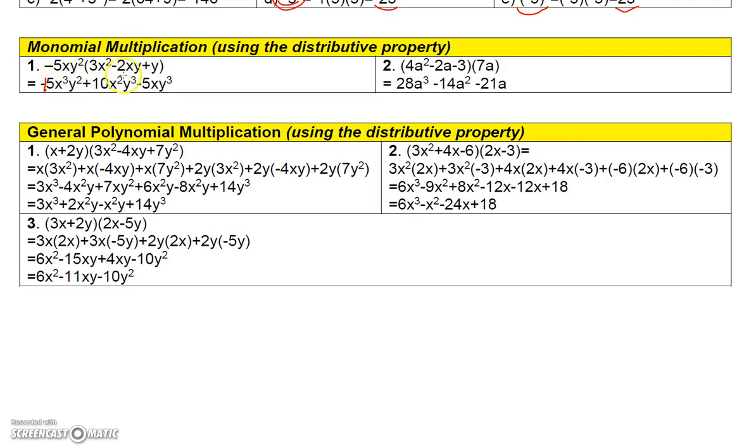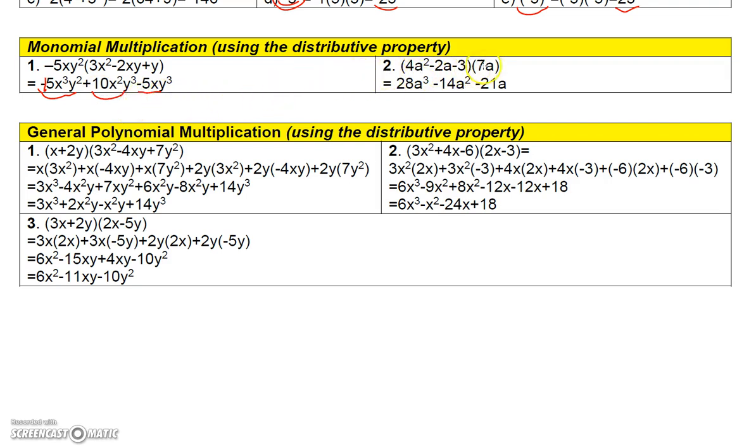Now, of course, we're not doing the FOIL method here. We're just doing the general multiplication. So let's finish it. 3x times 2x is 6x squared. 3x times minus 5y is minus 15xy. 2y times 2x is 4xy. And 2y times minus 5y is minus 10y squared. And then I only have a couple of like terms here that I can combine.